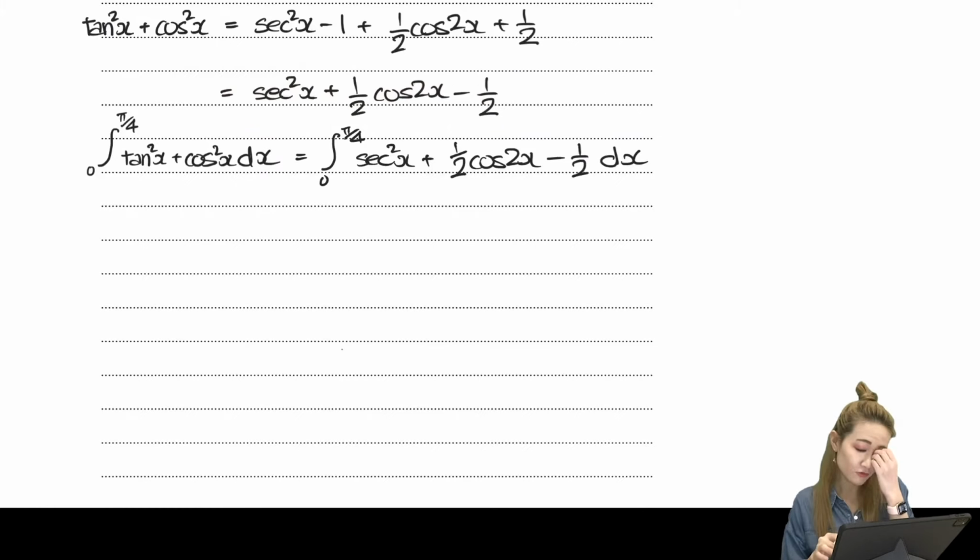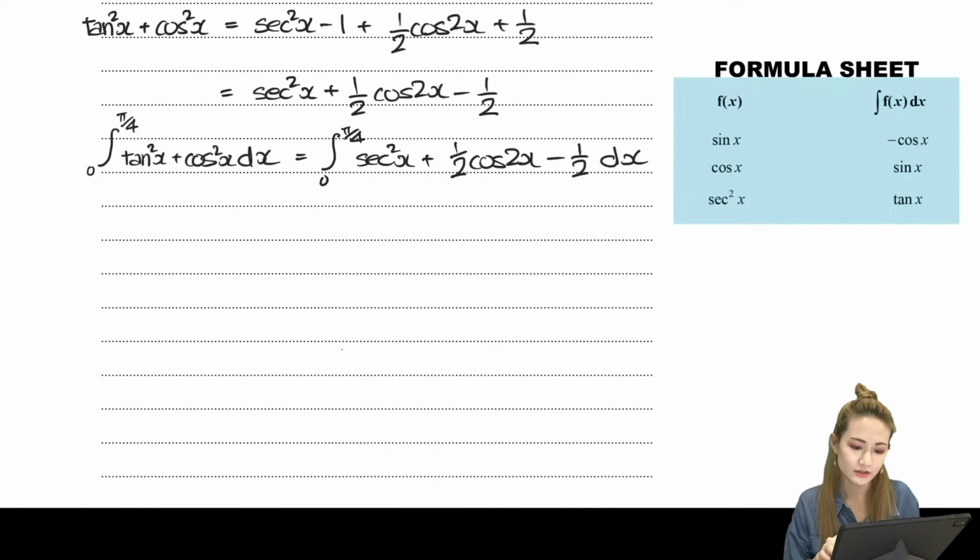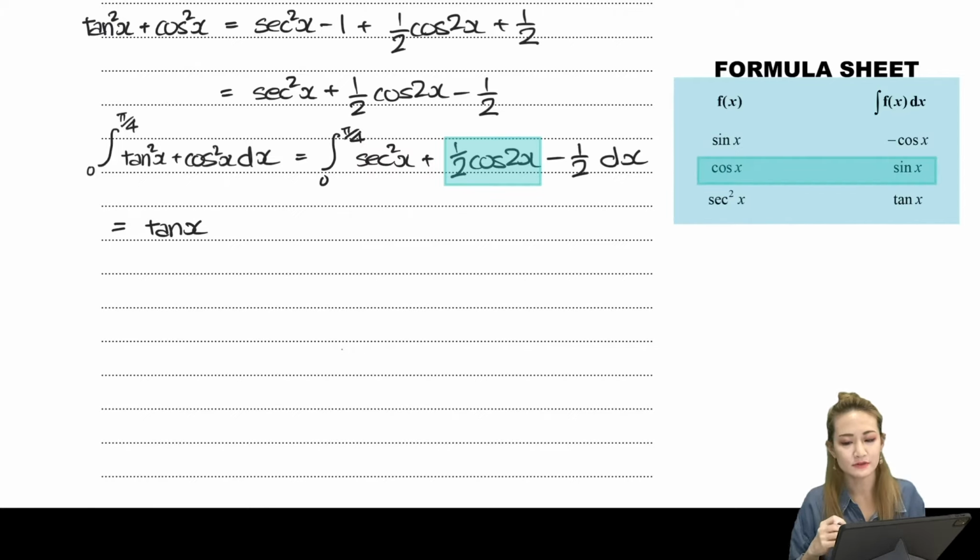From the formula sheet for integration, we can integrate sine x, cos x, and sec squared x. So we can integrate the sec squared x part and turn it into tan x. For cos 2x, integration of cos x equals sine x.